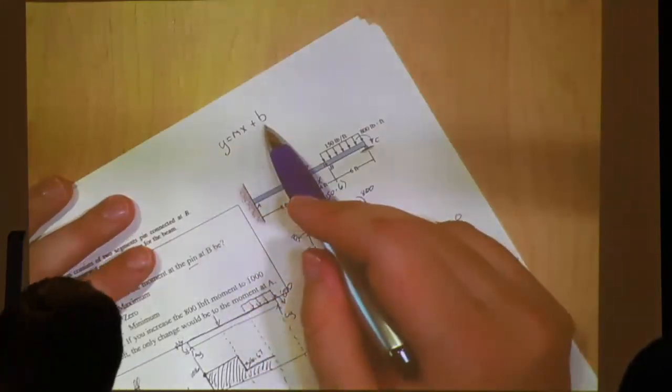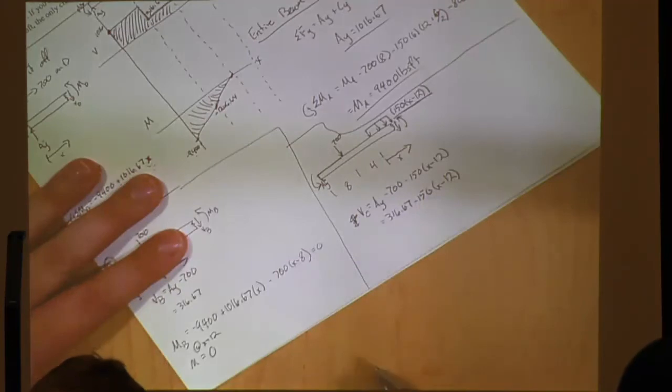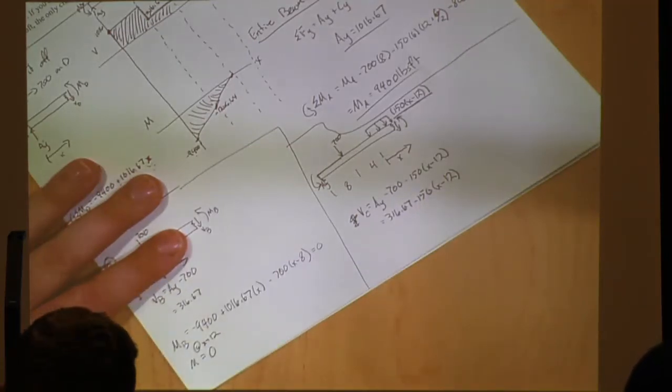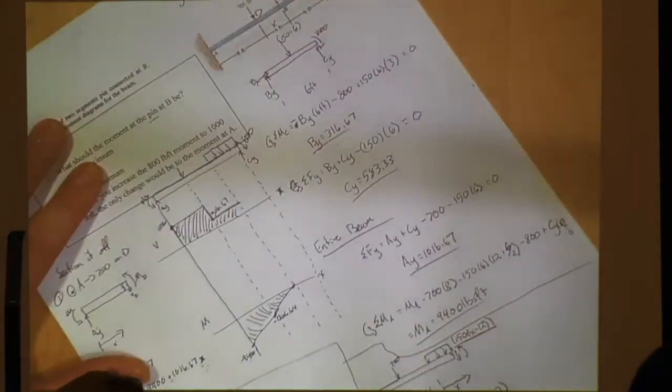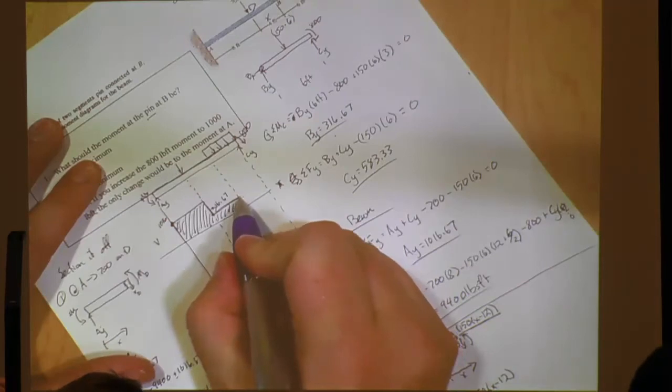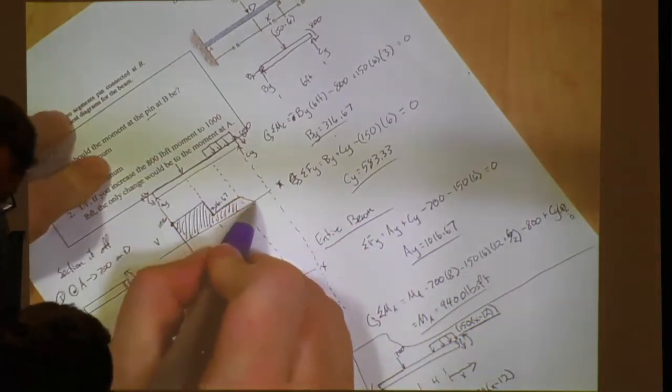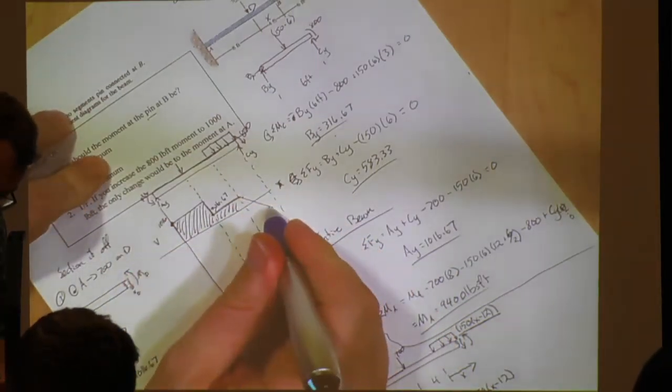So if you're looking at the y equals mx plus b, 316 is the plus b. And then the slope is this formula right here, because it's a distributed load and we're leaving it as a variable. All right? So when we do that, we're going to end up with a line like that.